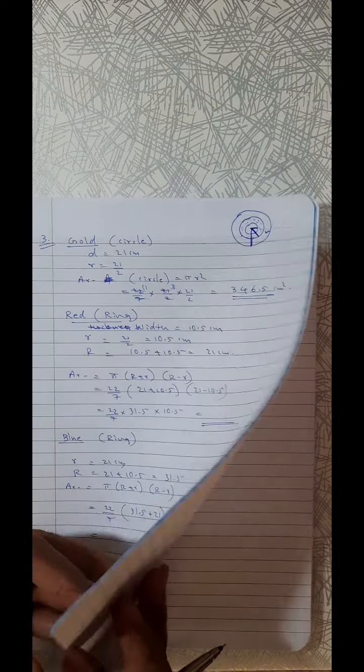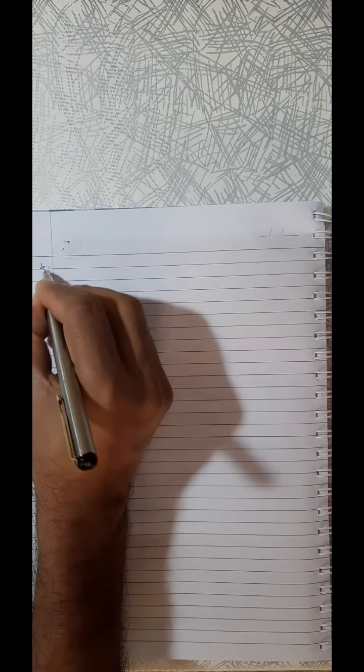Then we will go to the next question. Question number 4. The wheels of a car are of diameter 80 cm each.